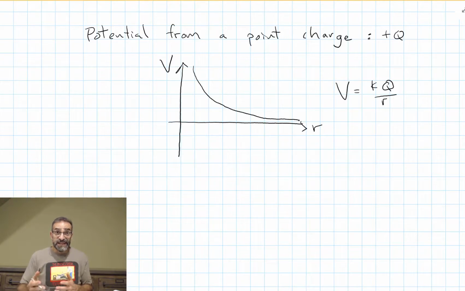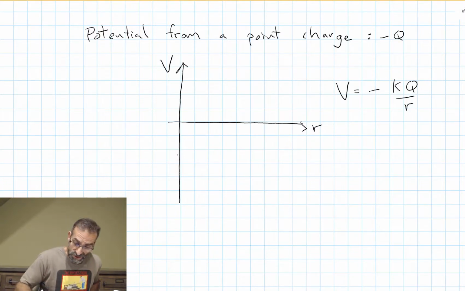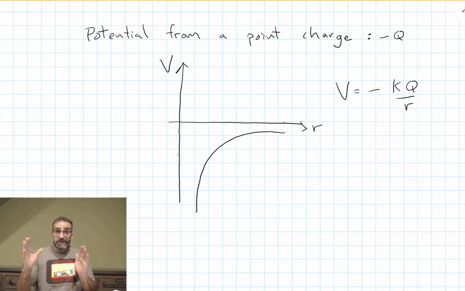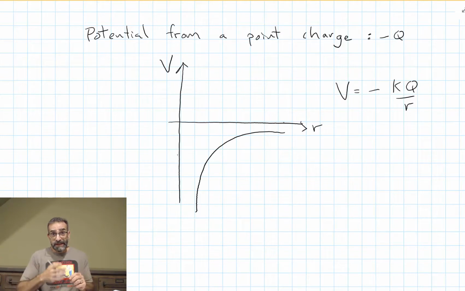Now let's look at what happens if that charge is negative. If that charge is negative, then we have a negative 1 over r that we're graphing, and the function looks more like this. As we get closer and closer to the negative charge, it goes toward negative infinity. And as we approach infinity, it goes toward 0.